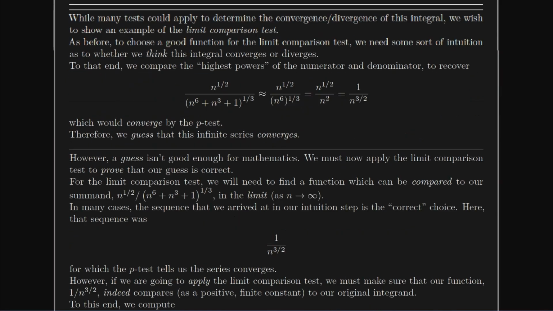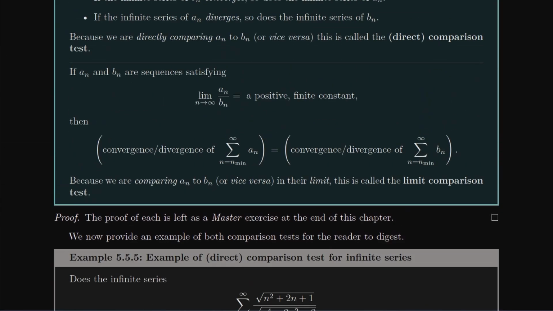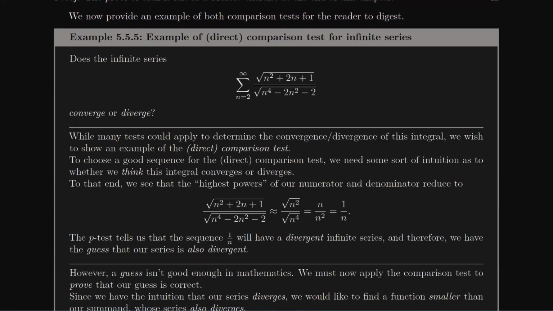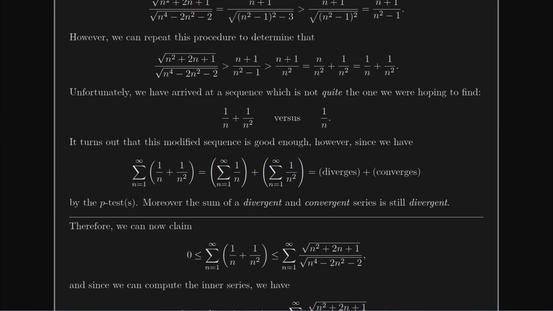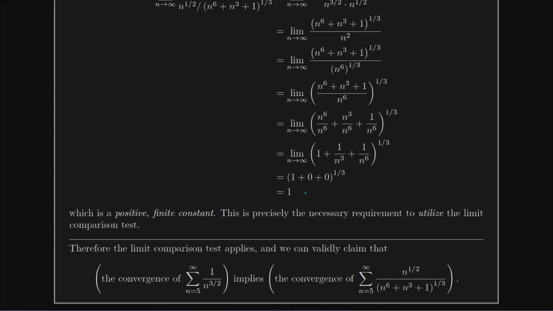And what does the limit comparison test need that limit to be? That limit has to be a positive finite constant. What do you know? The number 1 is definitely a positive finite constant. And so this number 1 that I just achieved, I can say yes, is a positive finite constant.